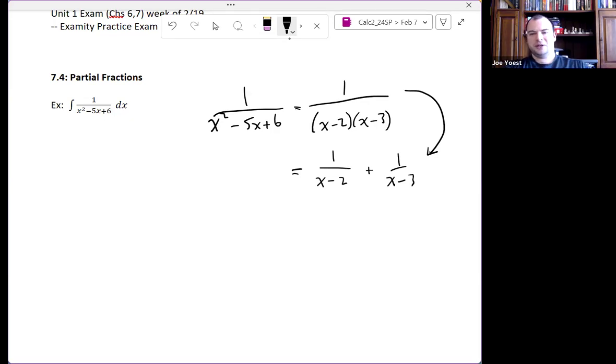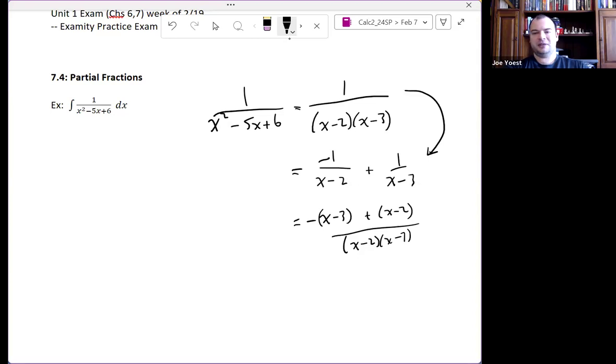Well, I note that if I combine these together, my common denominator is this x minus 2, x minus 3. So what would this give me? This would give me x minus 3 plus x minus 2 over x minus 2, x minus 3. It doesn't quite work out, but I actually see that if I made this negative, then I'd have 3 minus 2, which would be 1, and my x's would go away.